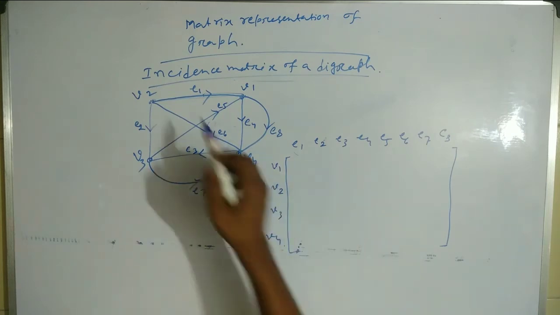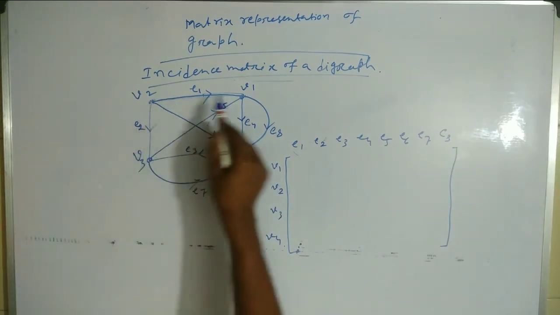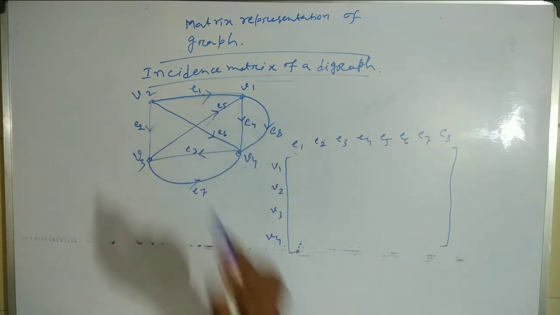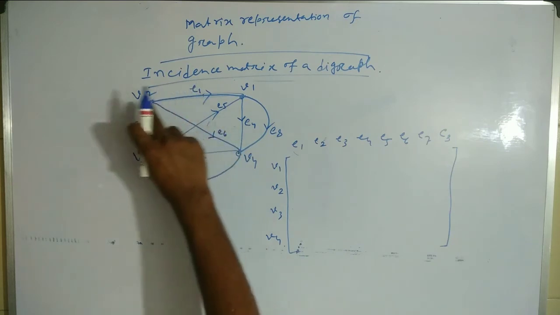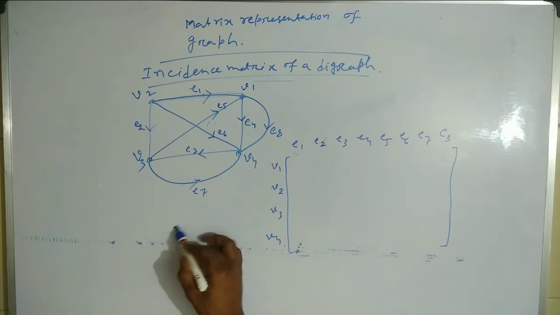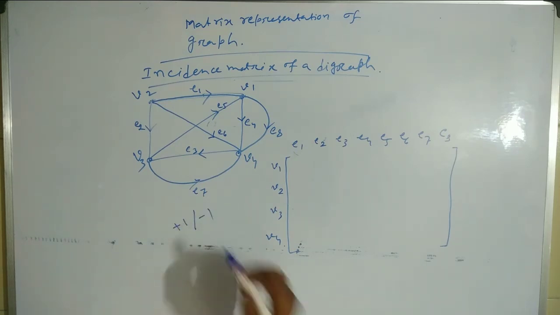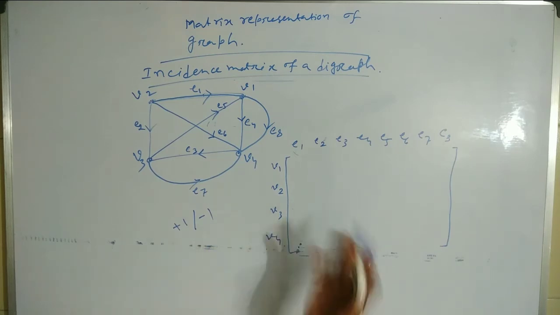Now see that E1 is going from V2 to V1 according to the direction. Just follow the direction. So you have to put +1 and -1 according to which vertex the edge is going out from and which vertex it is going into.